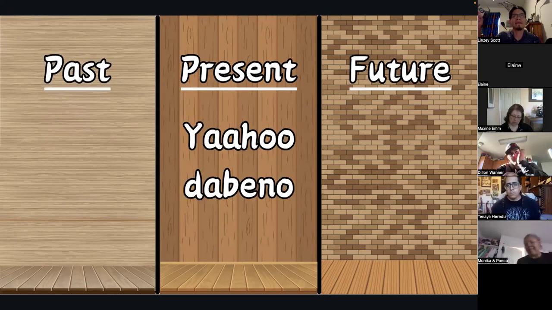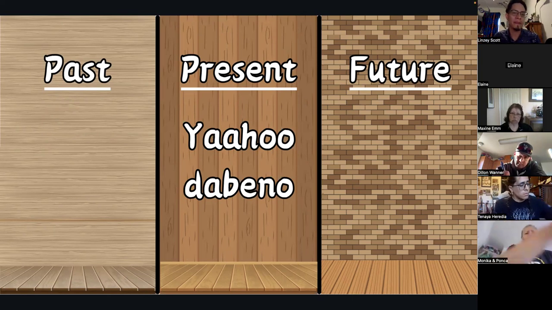So present, if you want to say today, it's Yahurabino. Sometimes that who is dropped, and it'll just be Yarabino. But I'll be using it throughout this class with the who. Yahurabino means today.